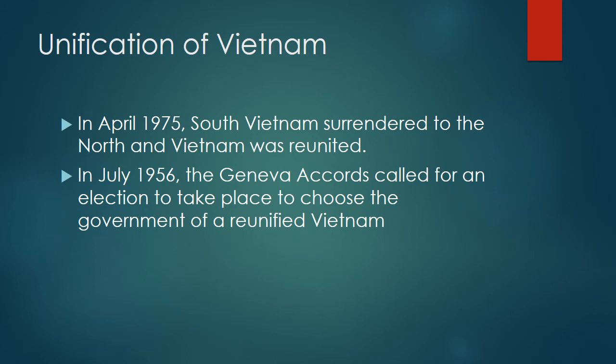While talking about the cost of this Vietnam War, 100,000 Vietnamese got killed in this war, and around 60,000 Americans got killed too, and around 300,000 were wounded in this war.